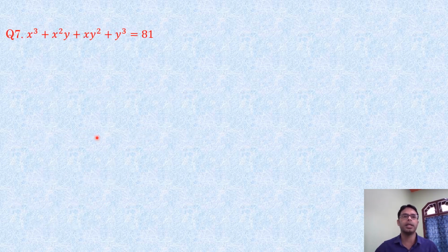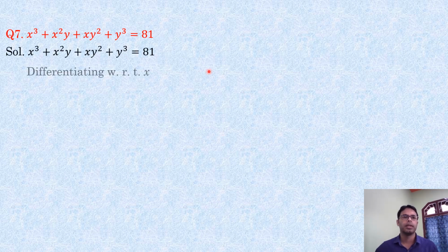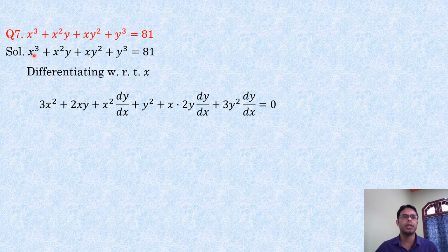x cube plus x square y plus xy square plus y cube is equal to 81. Simple, direct. Write the line, differentiating with respect to x. So it will be 3x square, plus here again two functions are there, x square into y.